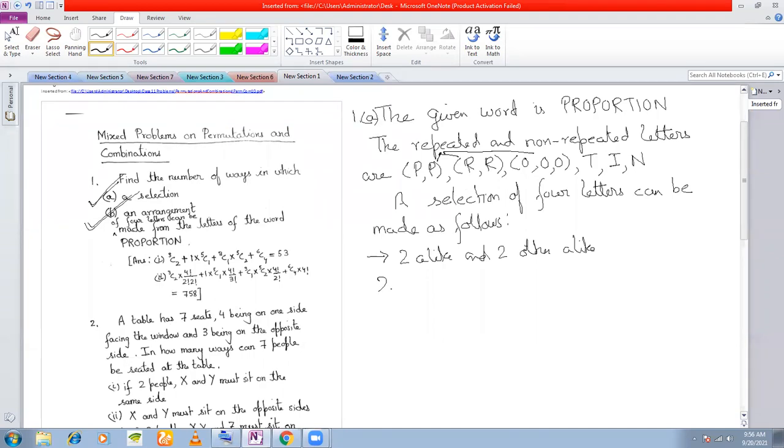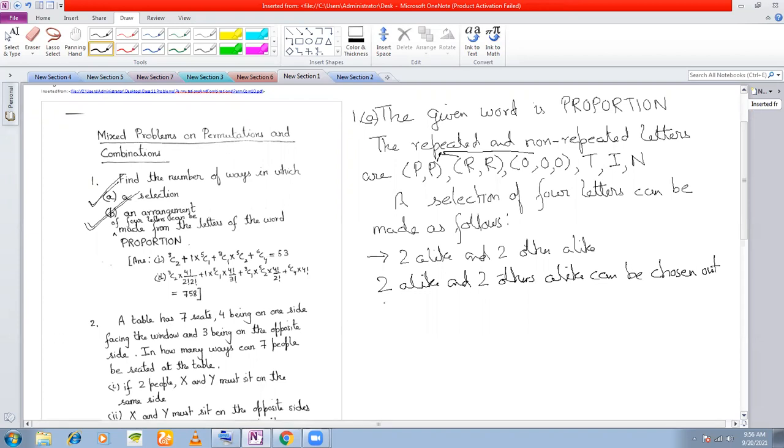Two alike and two others alike can be chosen out of 3 repeated pairs.